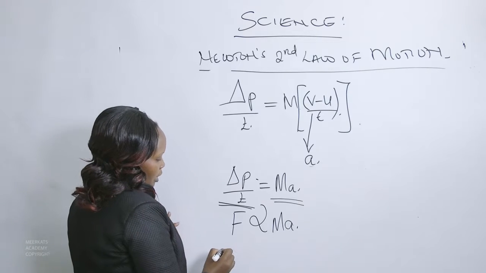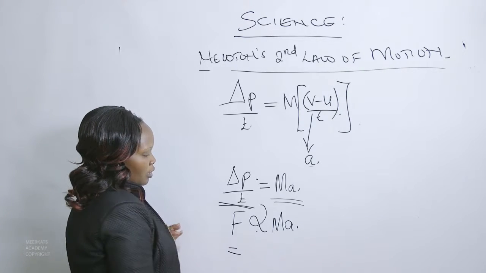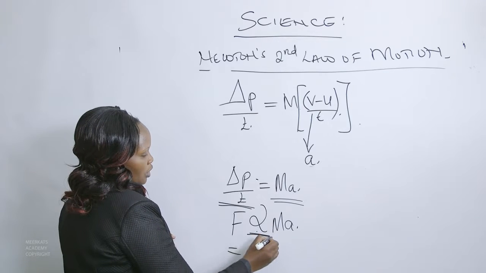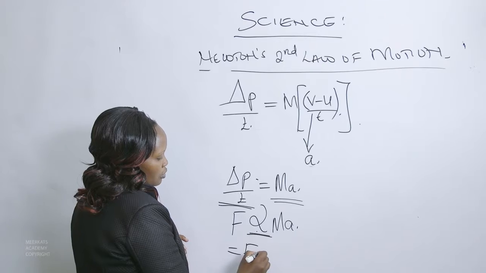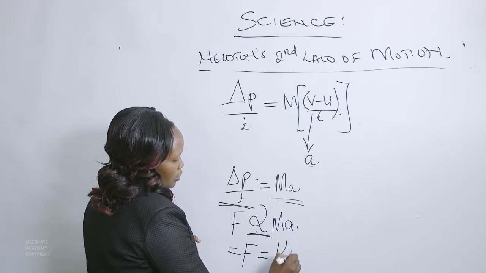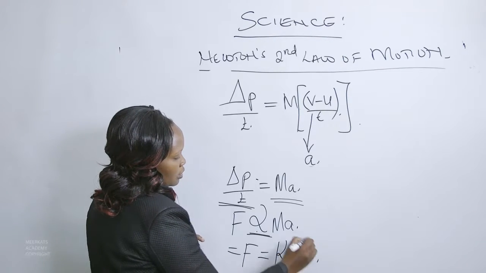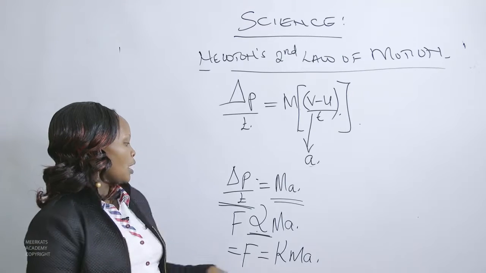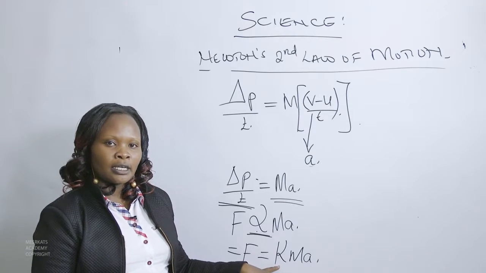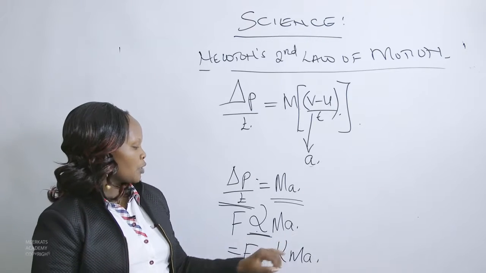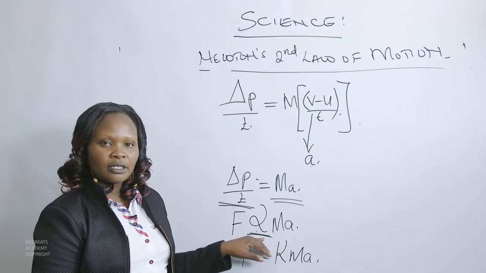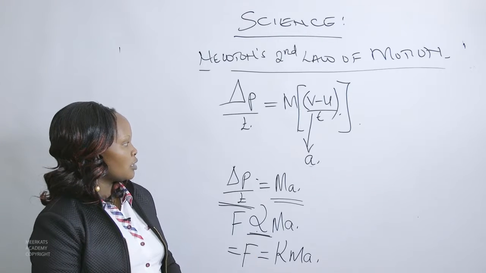And now it's time to get rid of our proportionality sign. So we are going to introduce a constant k in our equation so that we can get rid of the proportionality sign.